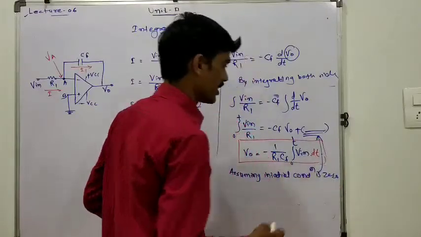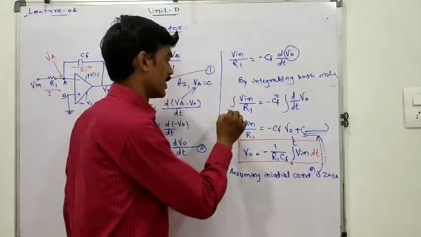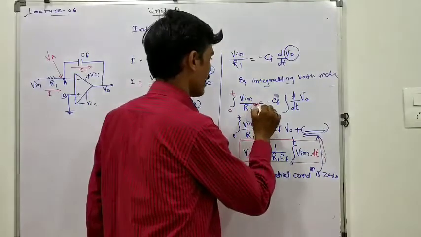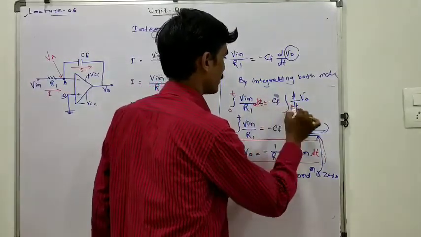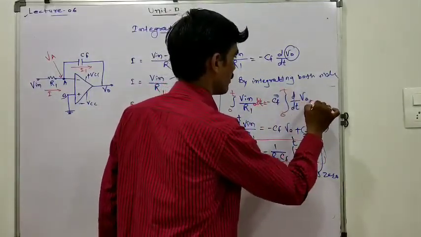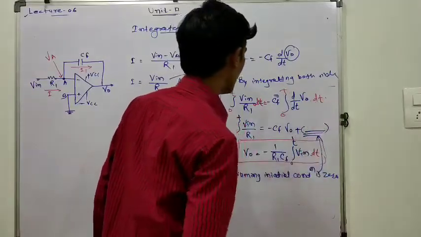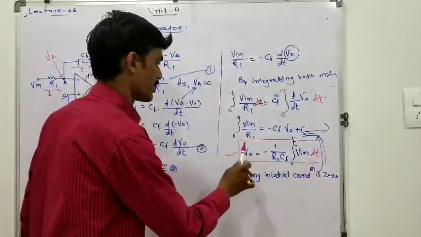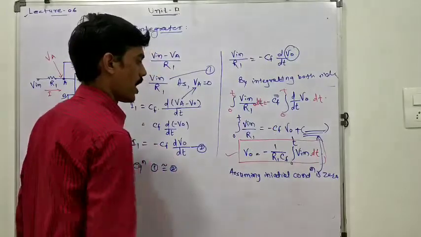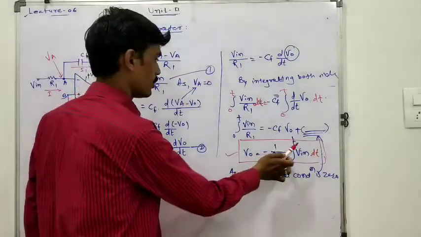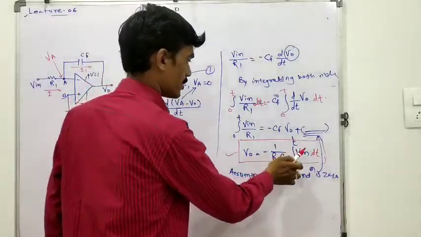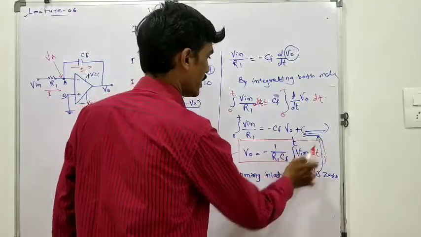As we are integrating with respect to t, that is 0 to t, that's why we have to write here dt. So ultimately the formula for output voltage VO is equals to minus 1 upon R1 into CF and integration 0 to t Vin dt.